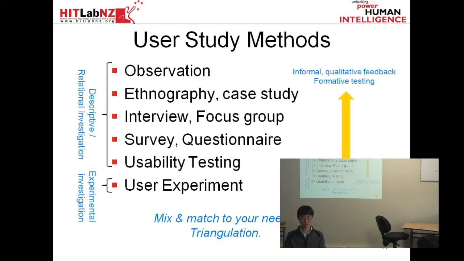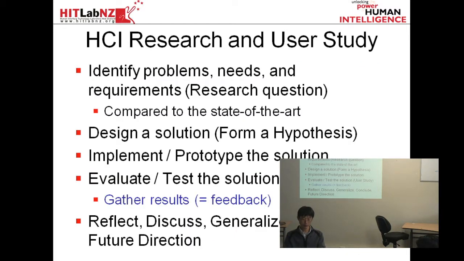It's not necessary to choose only one method from here; you would always need to mix and match different methods so that you can make sure that a finding from one type of study is in line with a finding from another type of study. We call this triangulation: mixing and matching different studies and making sure they reach consensus across the different methods. So those are the different methods. We'll be learning more details in later lectures.